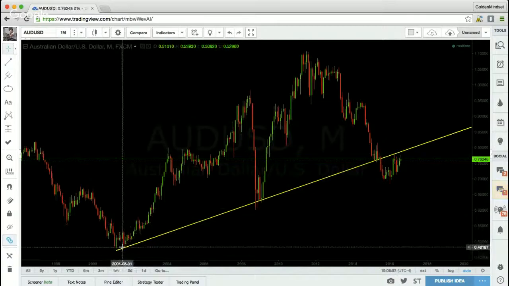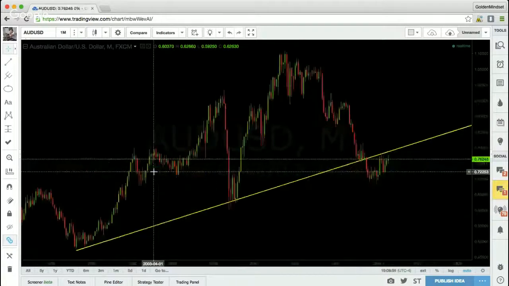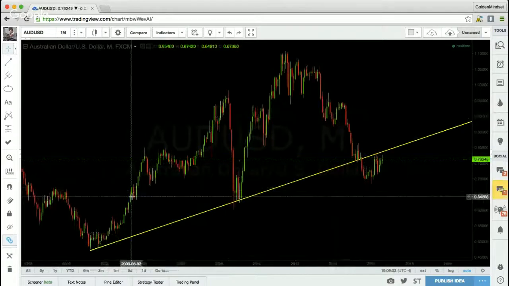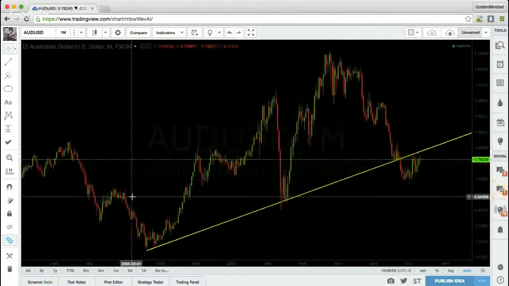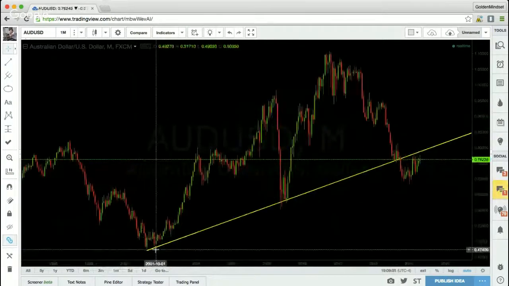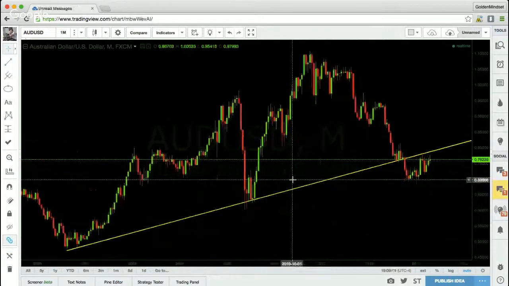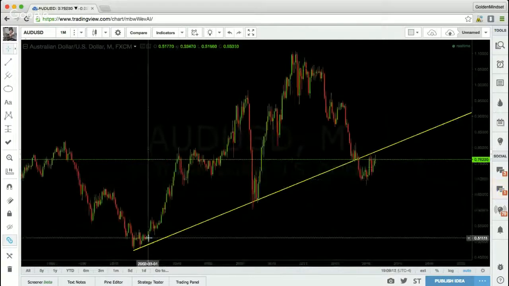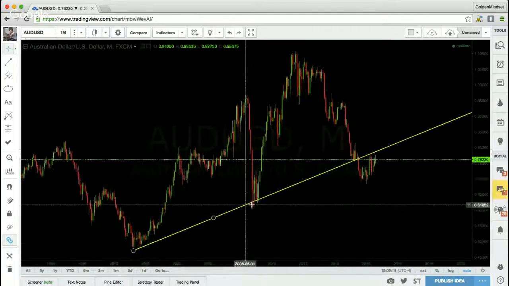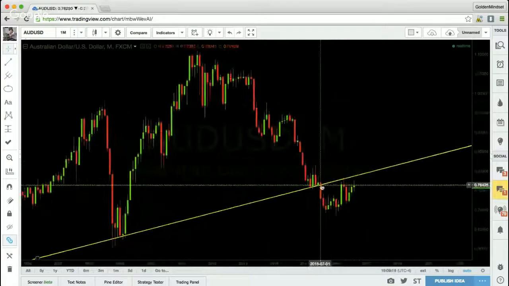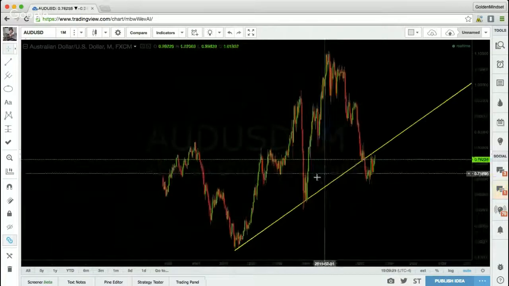Here it touched one point. It's like support and resistance, but diagonal. So the more points the trend line touches, the stronger the resistance is going to be. As you can see, it touched one point over there, another one, and another one around there. Plus, it's going to touch another point over there.